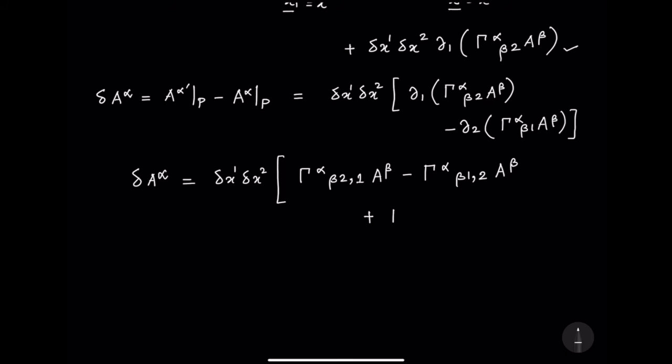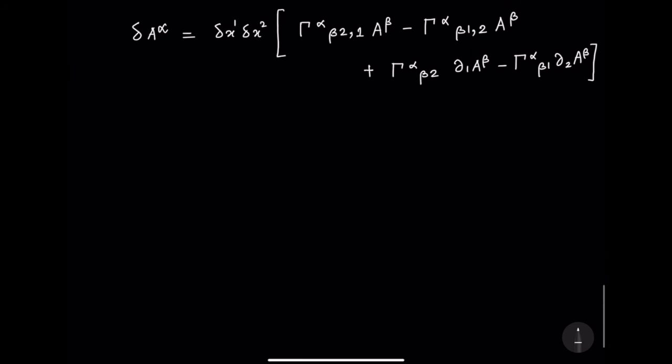And then I get del 1 A beta here minus gamma alpha beta 1 del 2 A beta. One more step. Or maybe two more steps.